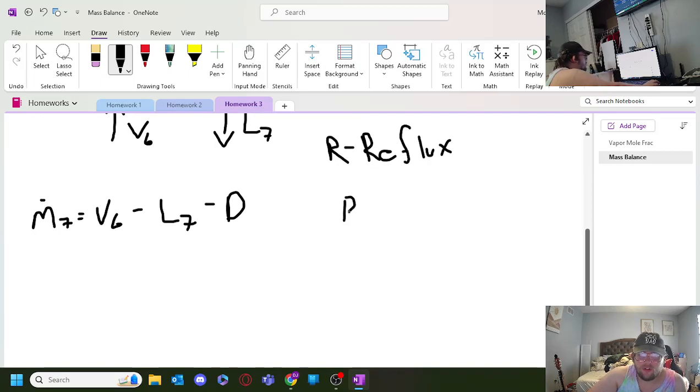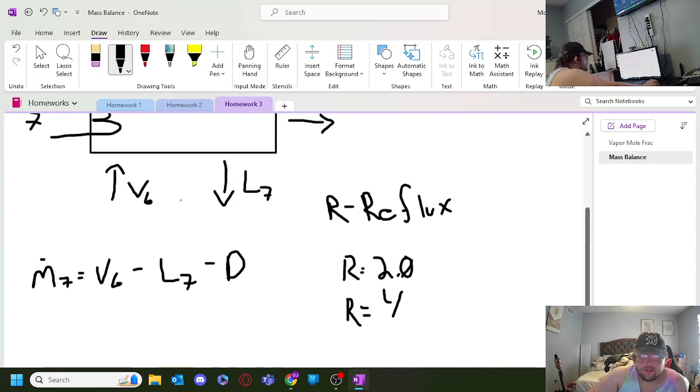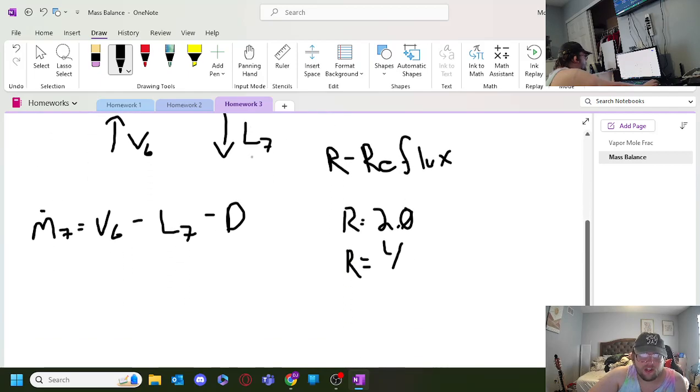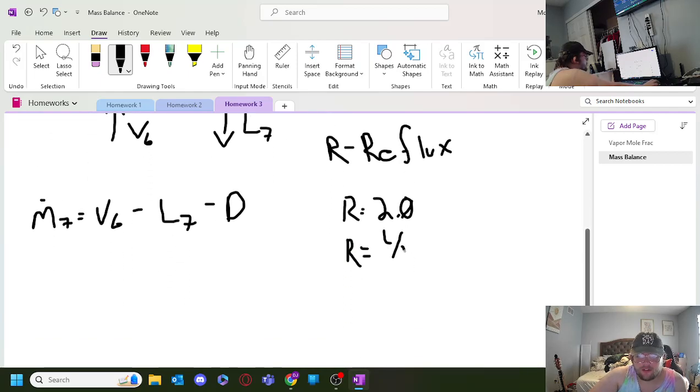So for our initial simulation, we're going to assume this is a 2. And so what that 2 means is that the liquid right here at the reflux point is 2 times greater than the distillate.